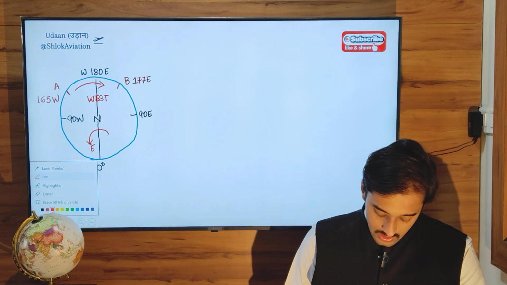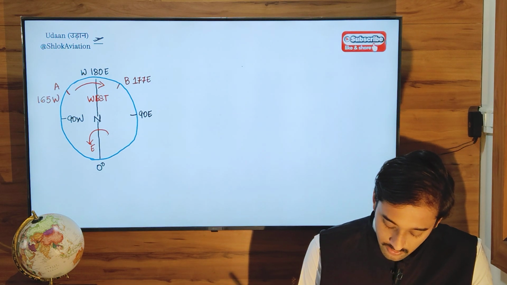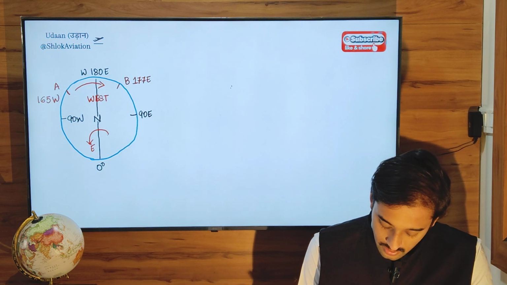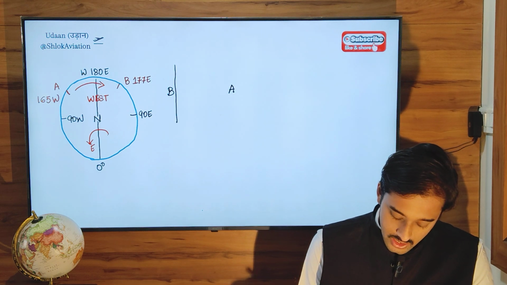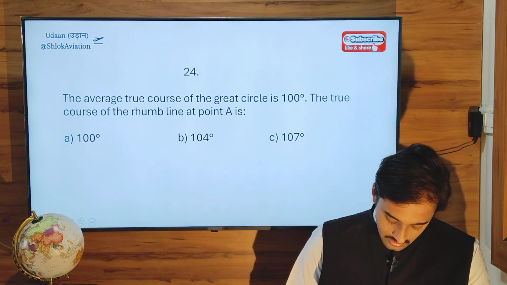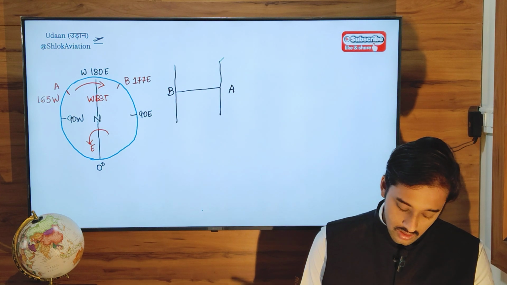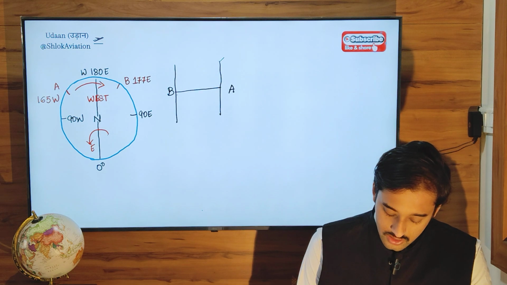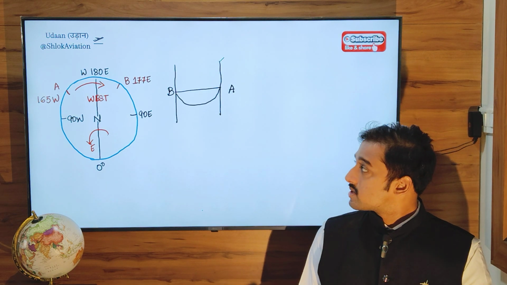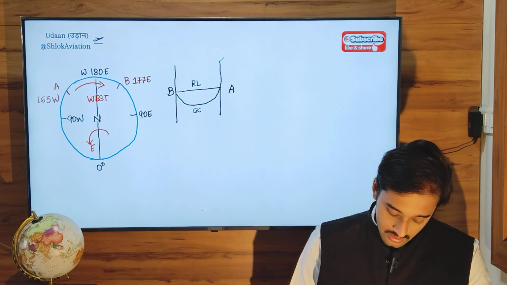So let's draw this. There is position A somewhere here. This position B. Those two longitudes are here. They both are in the northern hemisphere. So it will be somewhat like this. This is your great circle. This is your Rhumb line.